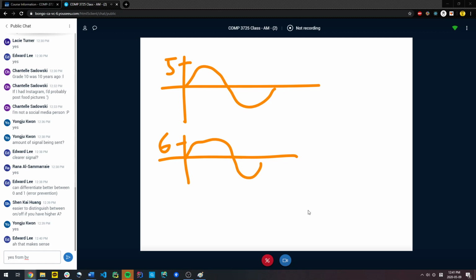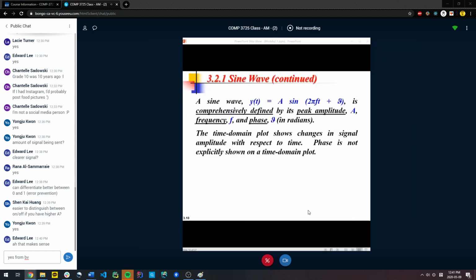Okay? So that's really the basis of what we're trying to accomplish in analog signals: we want to use this sine wave with 3 different characteristics. In fact, there's a 4th characteristic called the wavelength. We'll talk about that later, but we don't use that in this class.